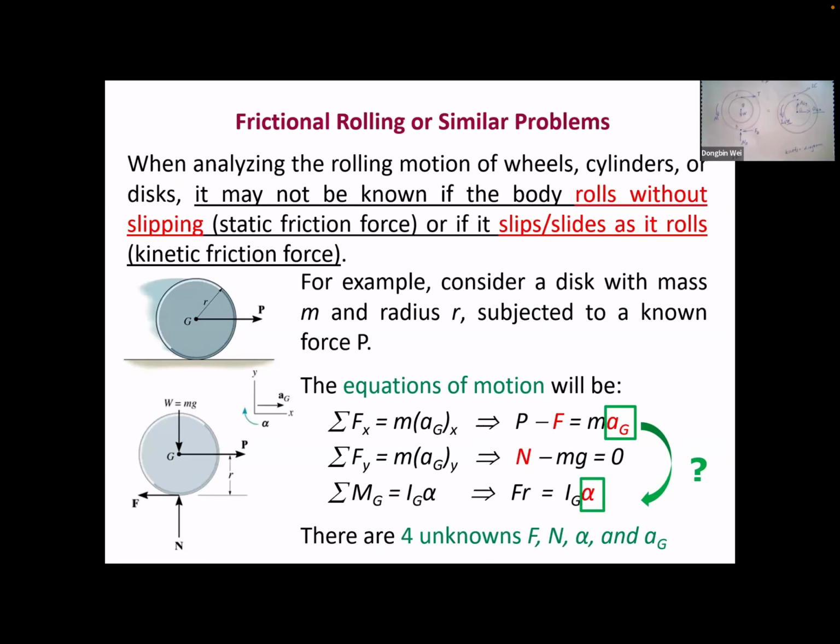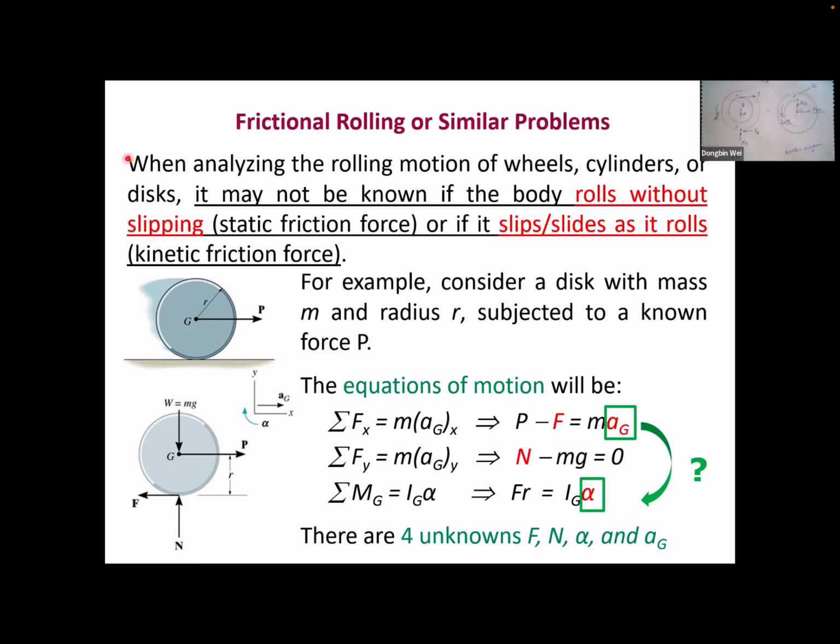Okay. Next, we will discuss an even more difficult kind of problem. That's frictional rolling or similar problems. Firstly, we will talk about what this kind of problem presents, and then we will use an example to see how to deal with it.